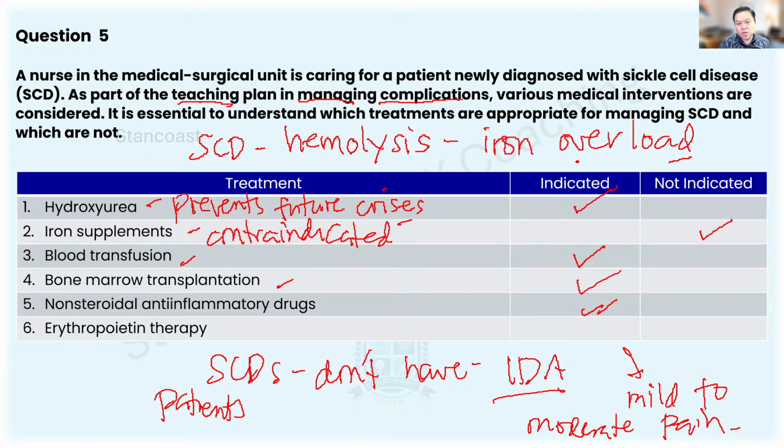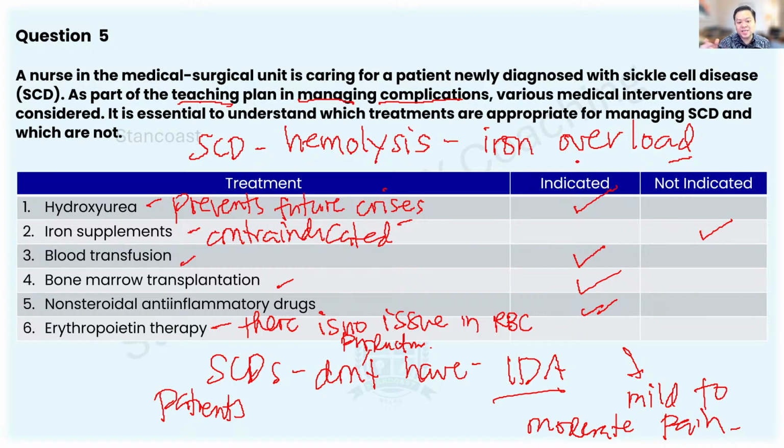There is no problem in the production of the red blood cells. So erythropoietin is not indicated. There is no issue in RBC production. In most cases, there isn't.